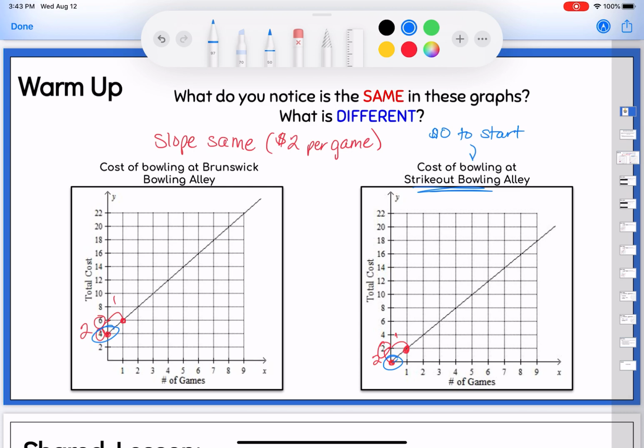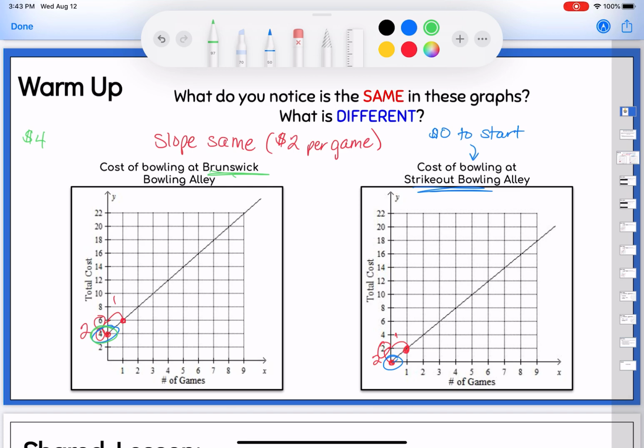over here for Strikeout. But over here at the Brunswick Bowling Alley, they have a one-time fee of $4. So it's $2 per game, but if I only play one game, it's actually $6 instead of $2. So here they have a $4 starting fee. Now, what do you think that might be?